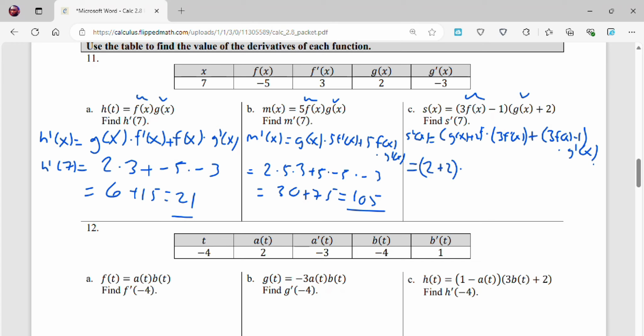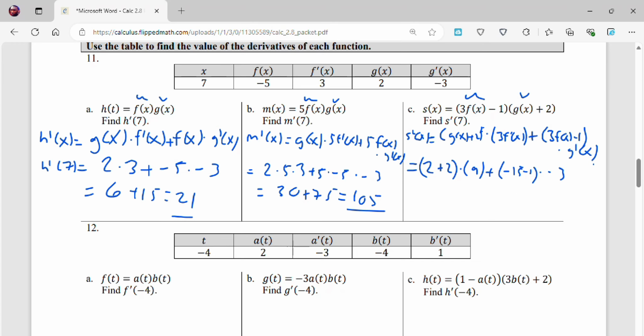Okay, times 3 times f prime. So f prime of 7 is 3, so 3 times 3 is 9. Plus 3 times f of 7. f of 7 is -5, so 3 times -5 is -15, minus 1, times g prime of 7, -3.